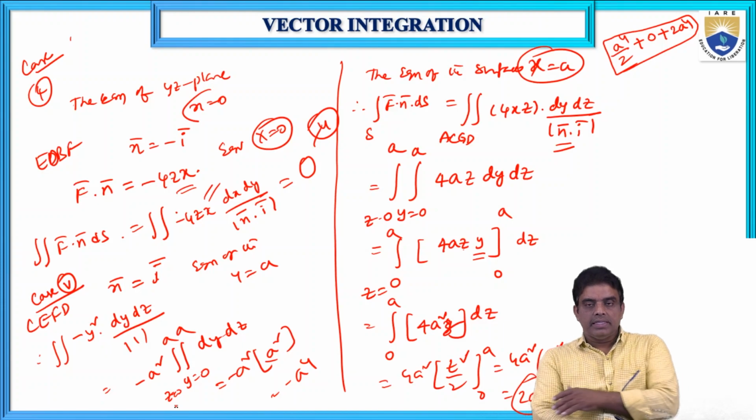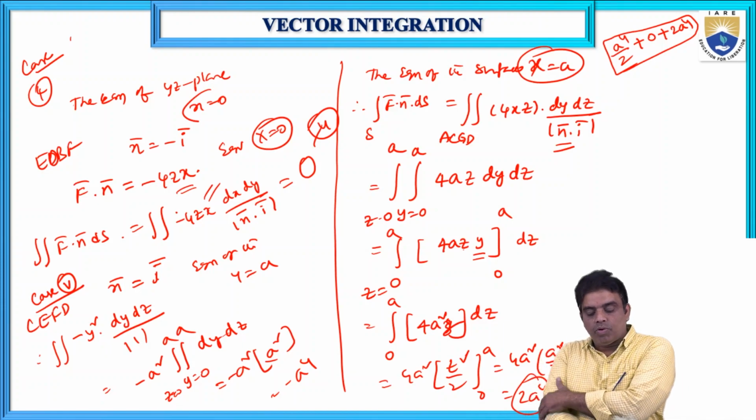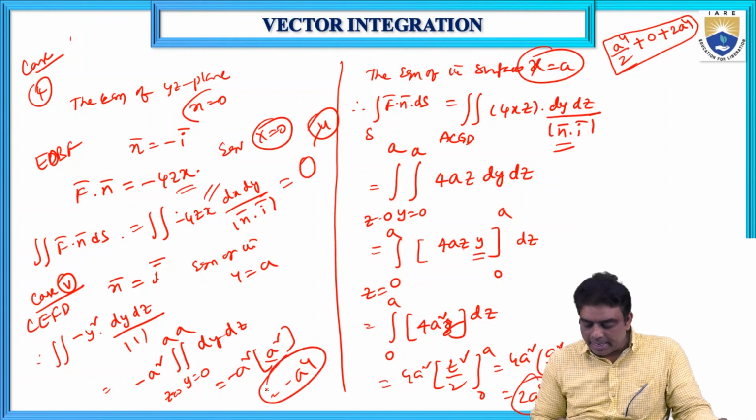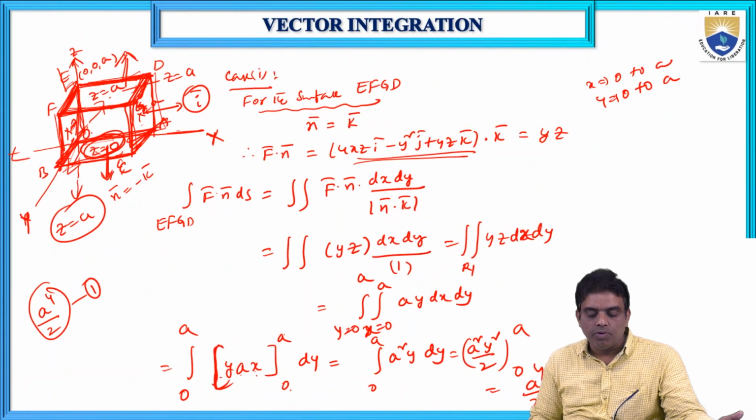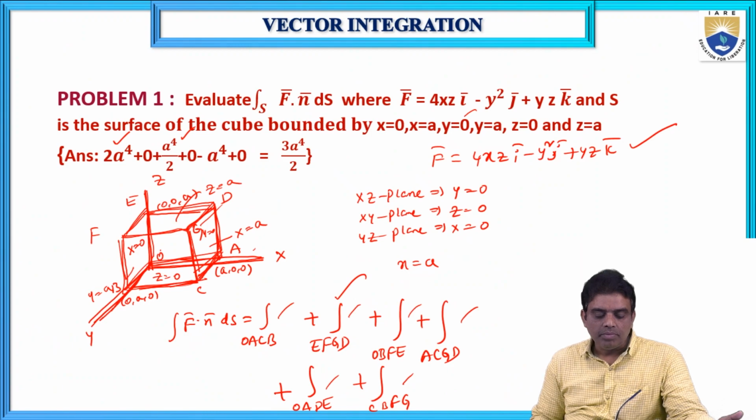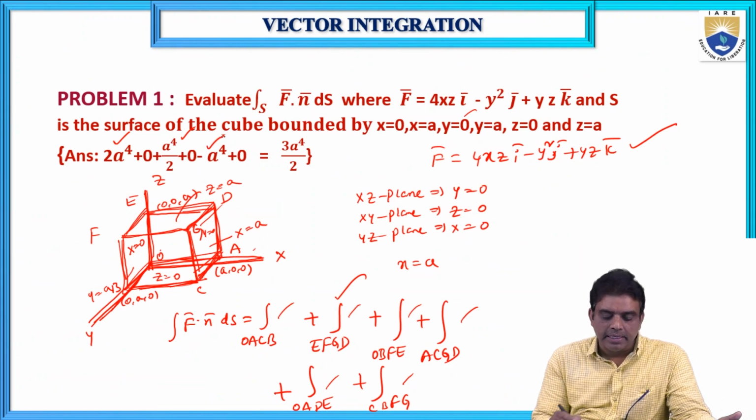Already one a square is there with the negative sign, so this is minus a power 4.